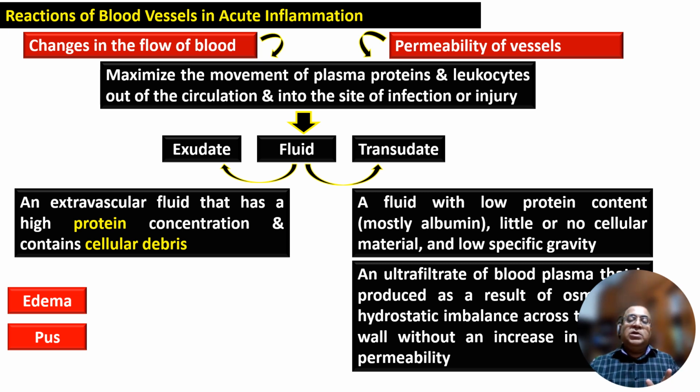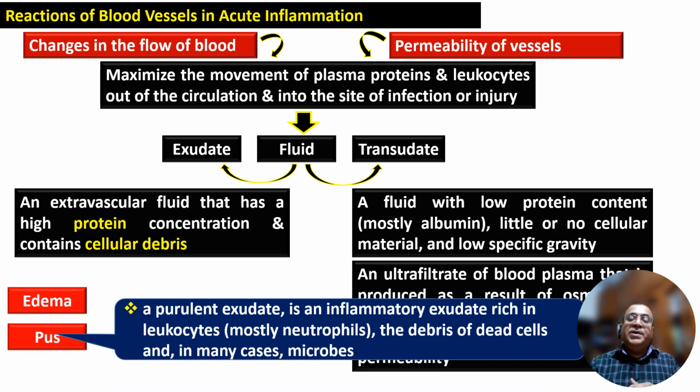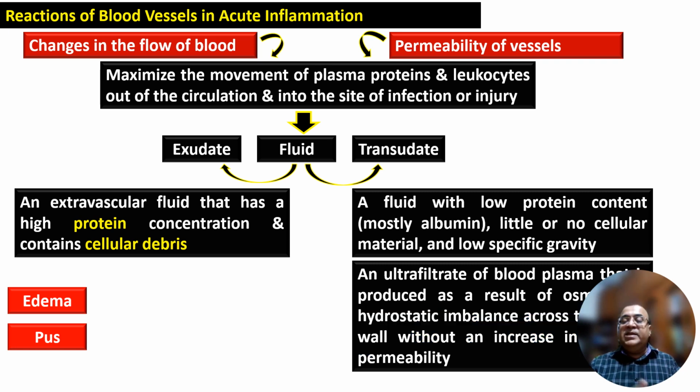Then these two terms are very important. Number one is edema, which is the excess of fluid present in the interstitial tissue or serous cavities, while pus is a purulent exudate, an inflammatory exudate that is rich in leukocytes, predominantly neutrophils, the debris of dead cells, and in many cases microbes.